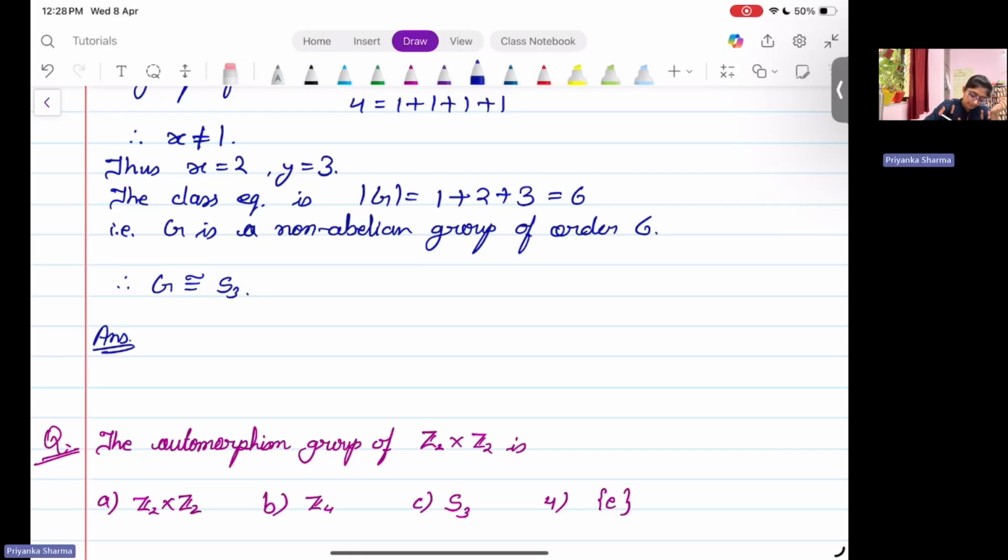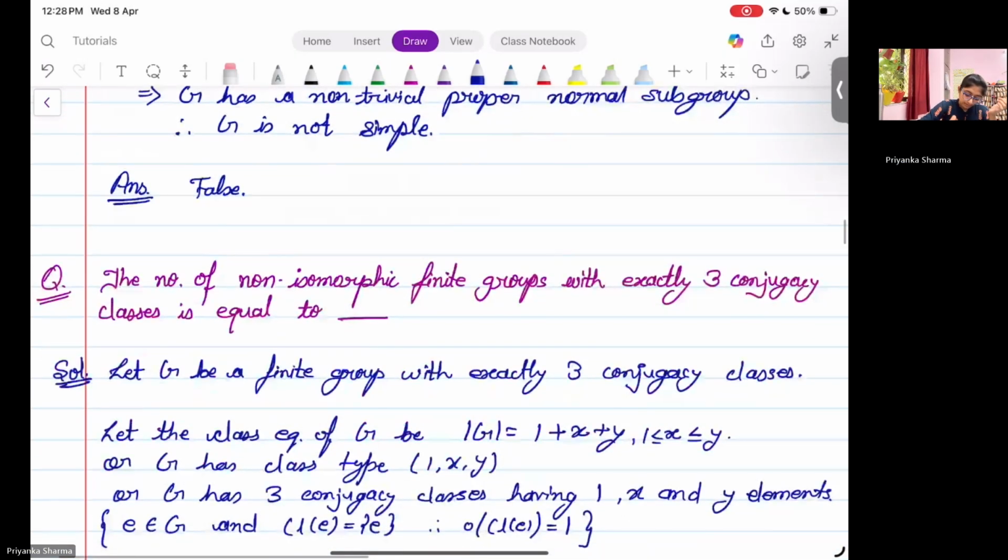What is the answer? How many non-isomorphic finite groups with exactly 3 conjugacy classes can there be? 2.